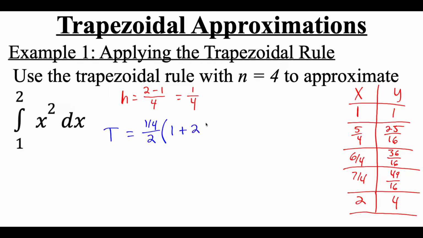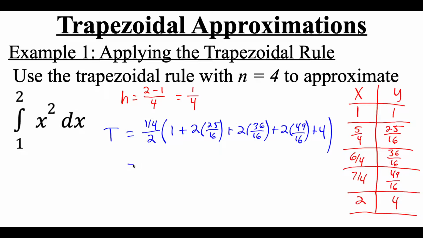So I'm going to take 2 times the 25/16, and then 2 times the 36/16, and then 2 times the 49/16, but then with our last y value, that 4, we just want to keep it the same. We don't multiply it by 2.